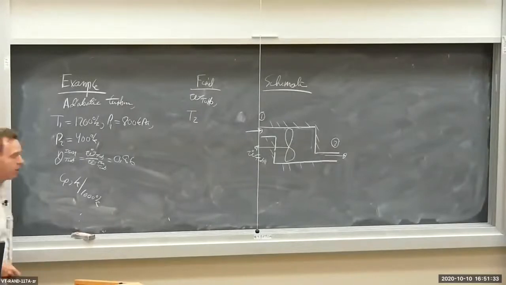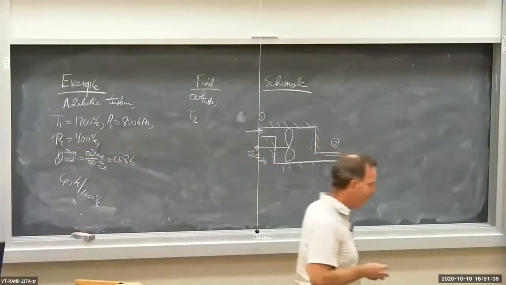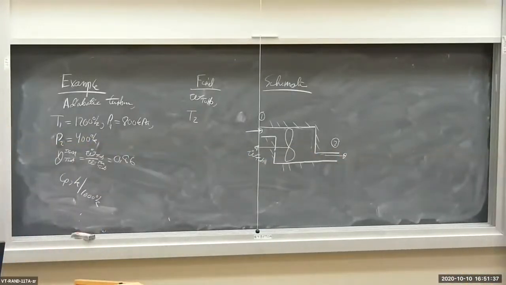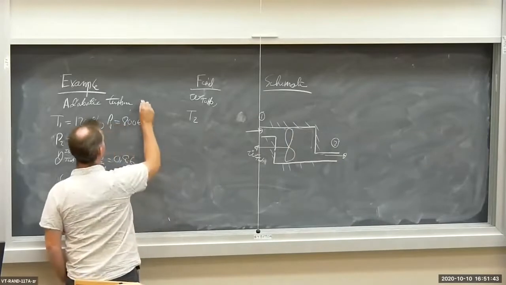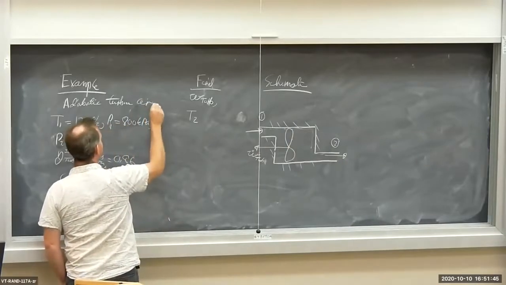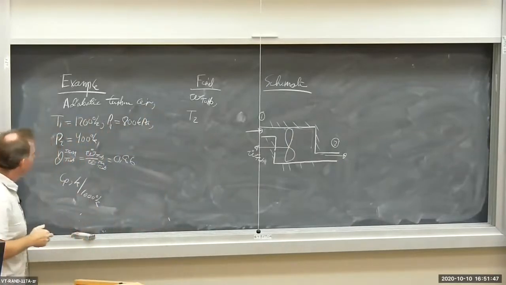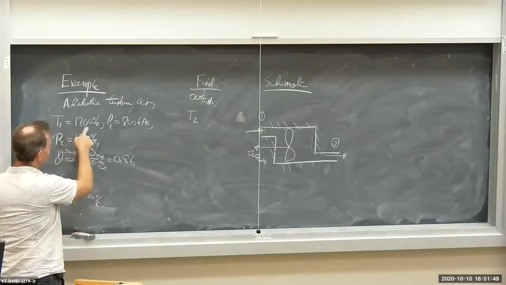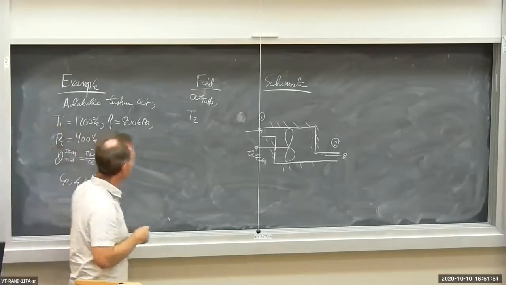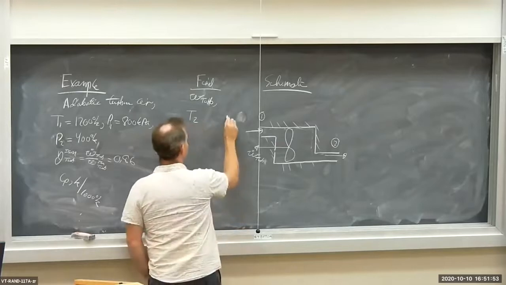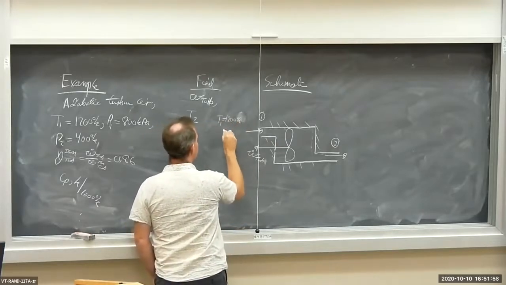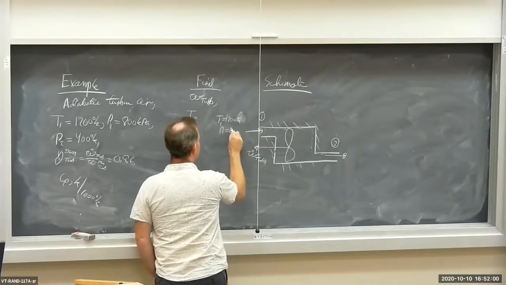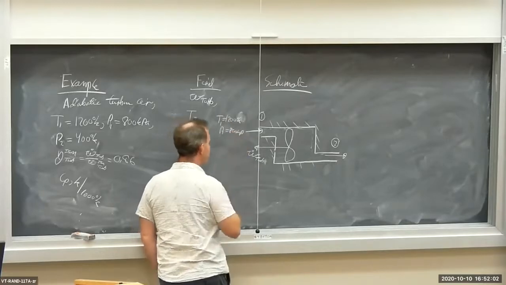All right, let's have a look at an example here. We have an adiabatic turbine that receives air. So this is an adiabatic air turbine, and air is the working fluid. So we have air coming in at 1200 degrees Kelvin, and P1 is 800 kPa.